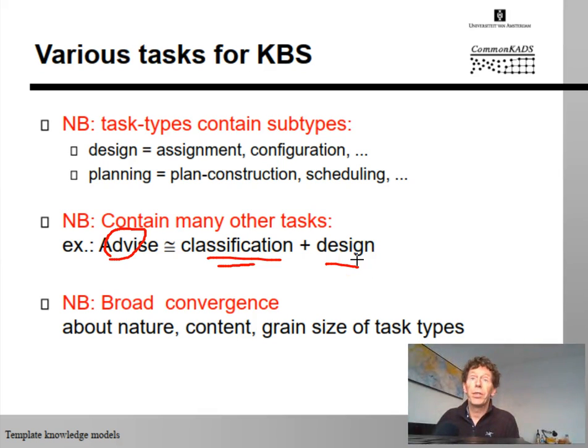Or we would advise you to maybe assume that the classification is already done by magic and then you focus on the design task. But in real life, a real knowledge-based system and the task of a real knowledge-based system is often a combination of multiple tasks.